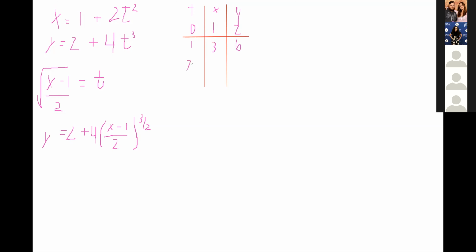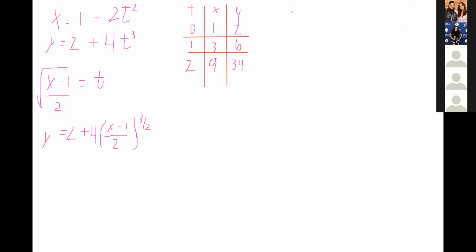Then 1 plus 2 times 2 squared: 2 squared is 4, times 2 is 8, plus 1 is 9. And 2 cubed is 8, times 4 is 32, plus 2 is 34. We're already getting pretty far up there.